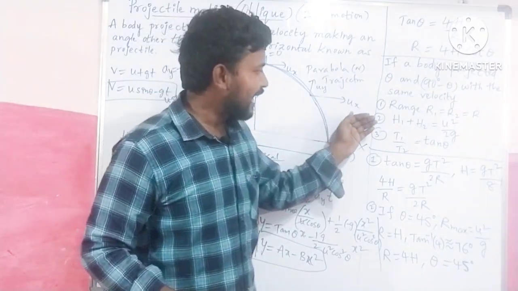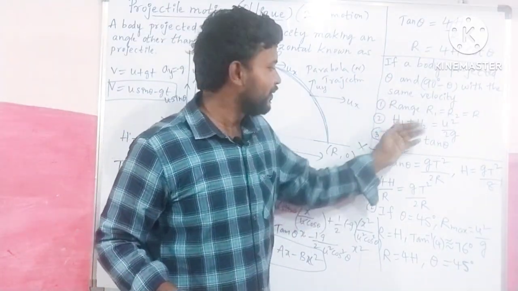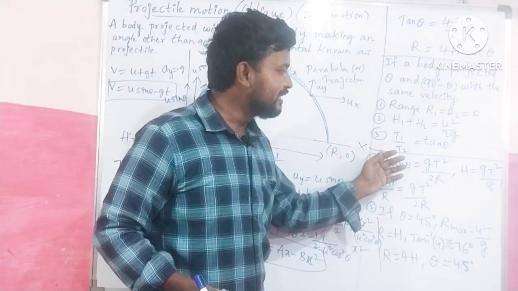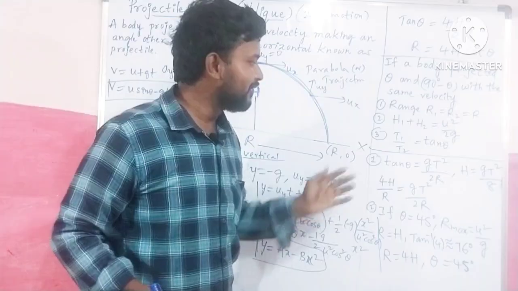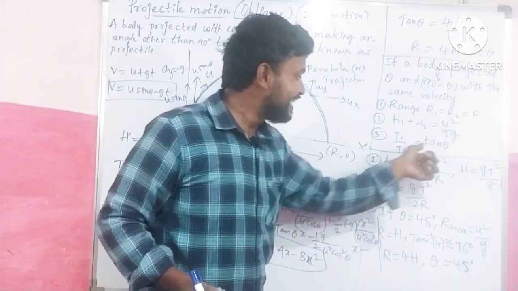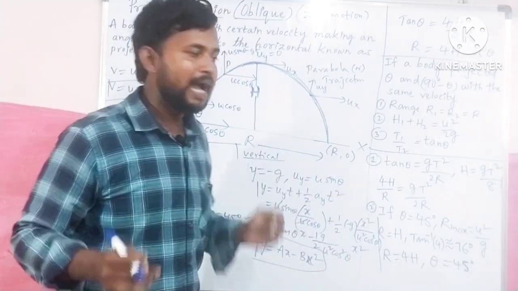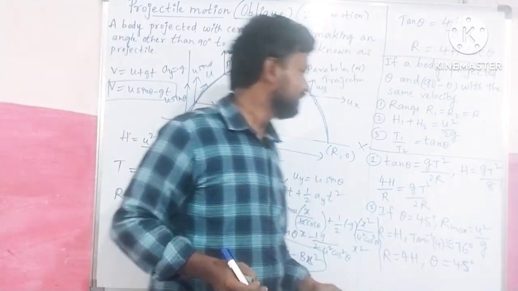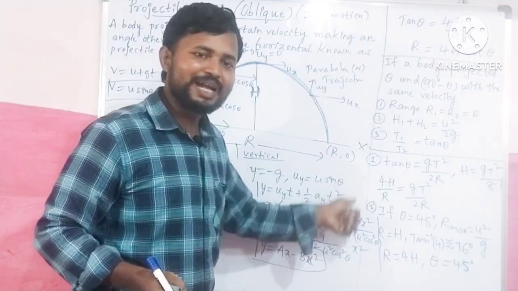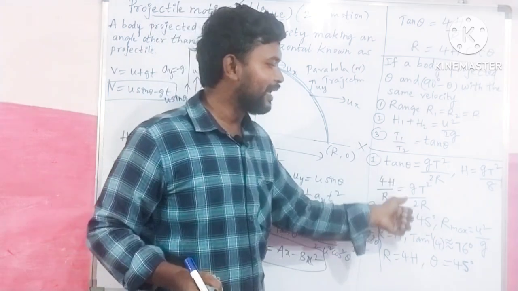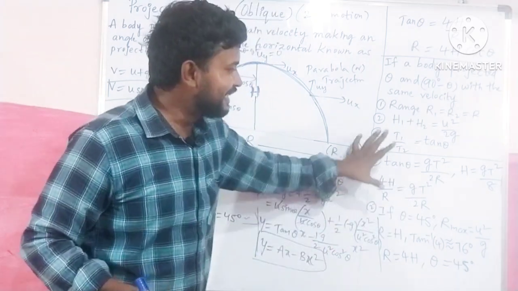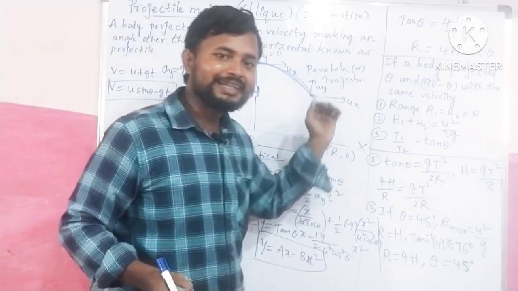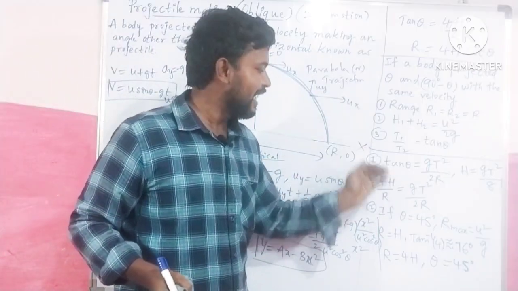Next, time of flight t1 by t2 equals tan theta. Next, the relationship between range and time of flight is given by tan theta equals g t square by 2r. Next, maximum height relation: height equals g t square by 8. Next, here 4h by r equals g t square by 2r. Okay, now this is the very important relationship between maximum height, time of flight and range.